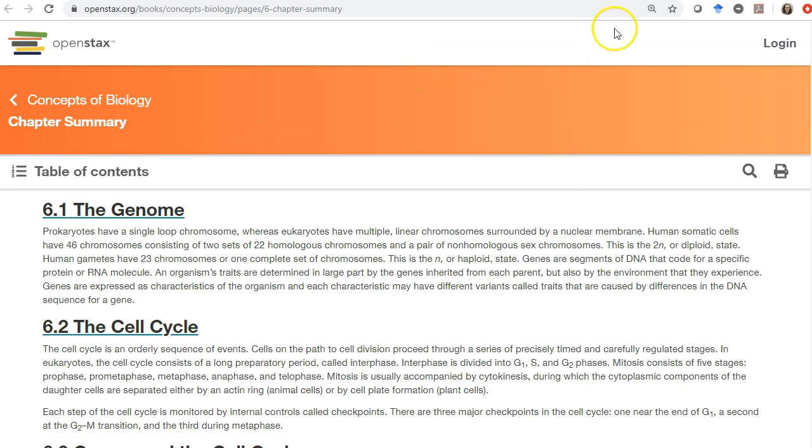So in this unit, we're really talking about how the cell reproduces. So bear in mind what we've already learned. We've all come to terms with the idea that all living organisms are made of cells and that those cells contain the same DNA and organelles.